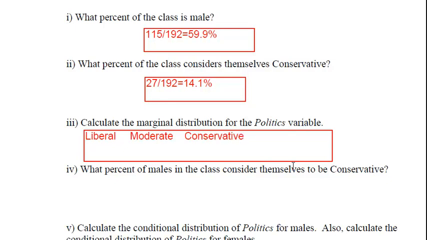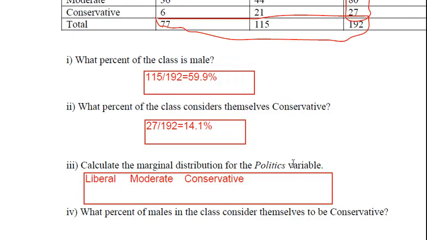And then I want to calculate the breakdown of each, so how many or what percent fall in each category. I'm always dividing by 192. So this is 0.443. The moderates, there were 80 divided by 192. My labels don't really match up, but you get the idea.